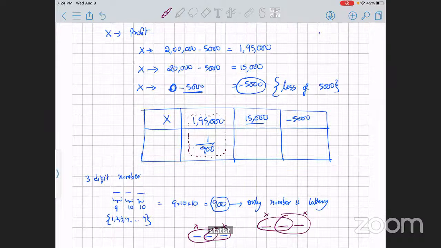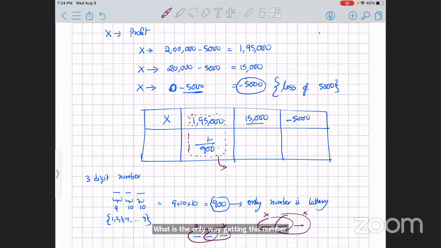This is just how to win, not even how to win, but how many possible ways there are to win. If you want to win 1,95,000, what is the only way? Getting this number.